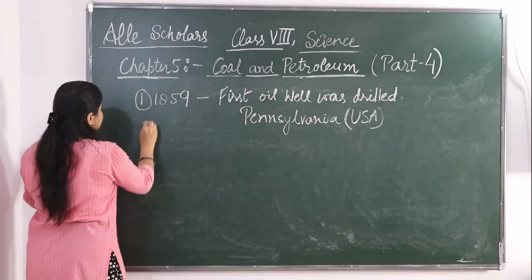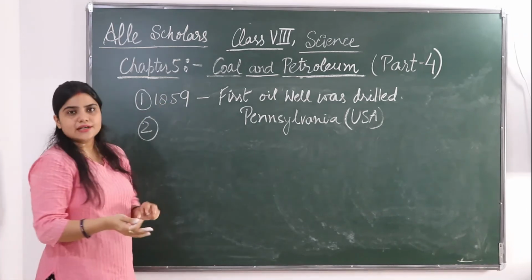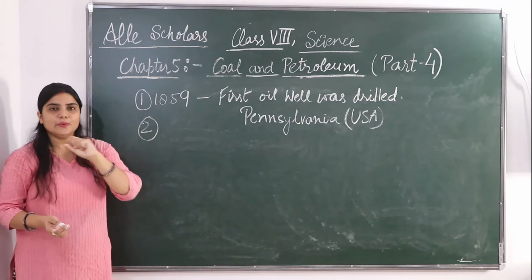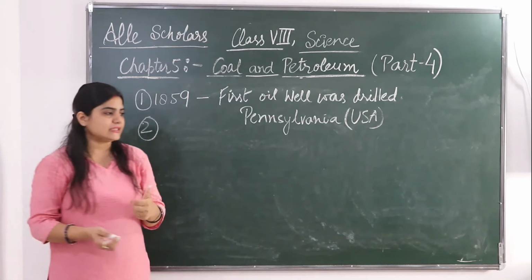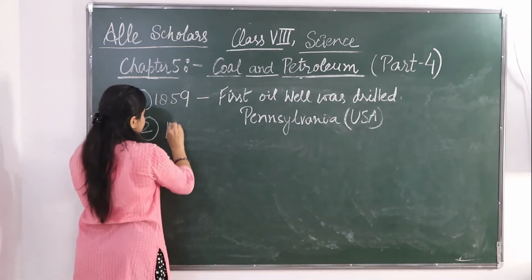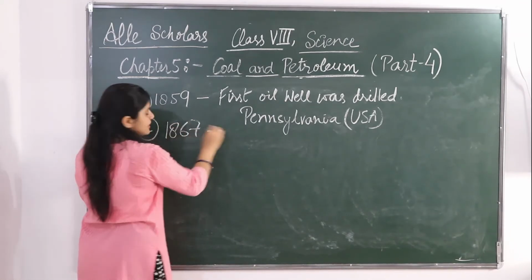And after 8 years, इसके 8 सालों बाद सेकंड ऑयल वेल ड्रिल हुई थी, वो कहाँ हुई थी? इंडिया में हुई थी, अपने आसाम में। Okay, 8 years later means in 1867.